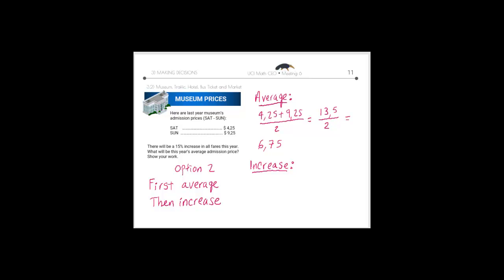That goes like this. So 100% is 6.75, right? That's 100%. 10% is 0.675. And now you do a 5%, which is just dividing this by 2.